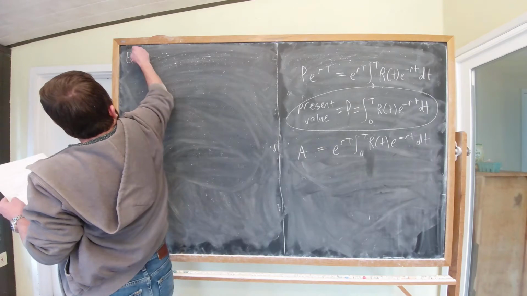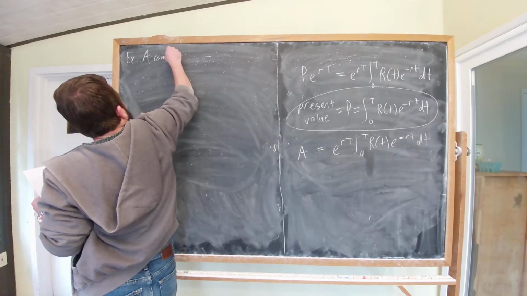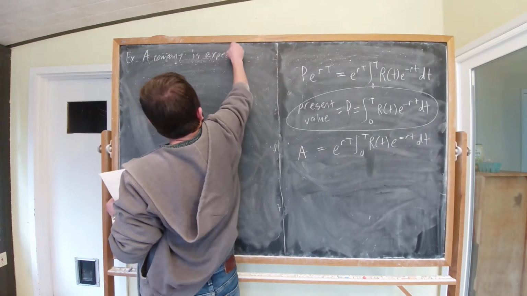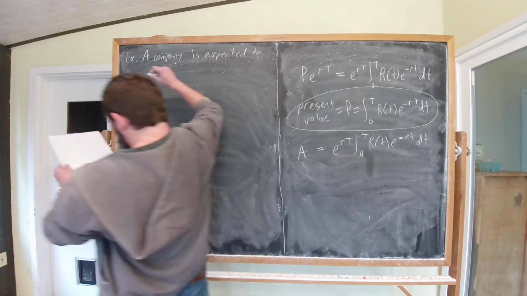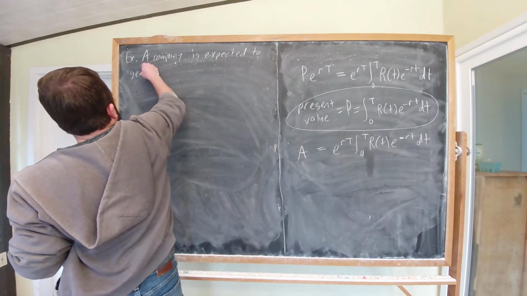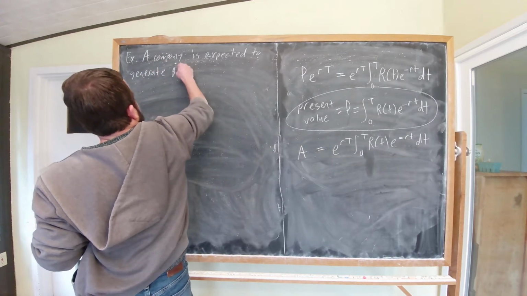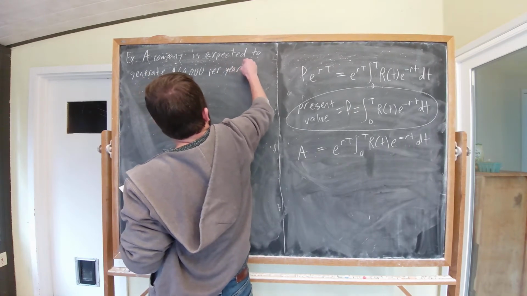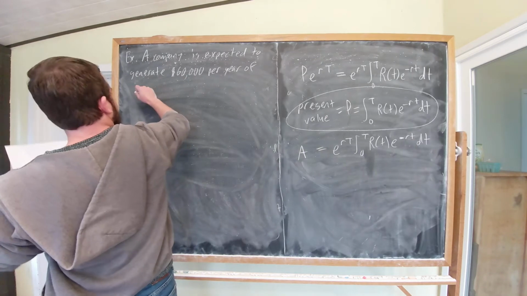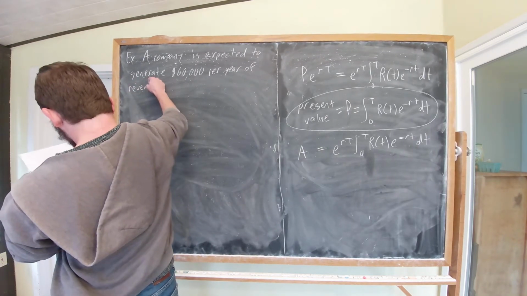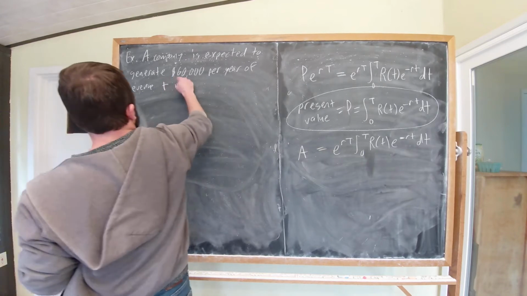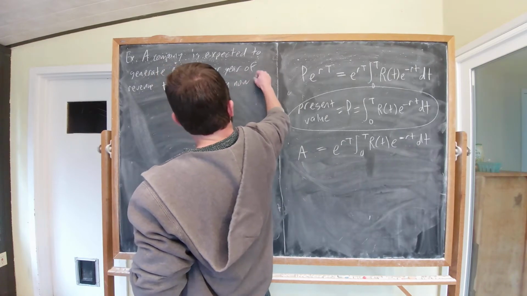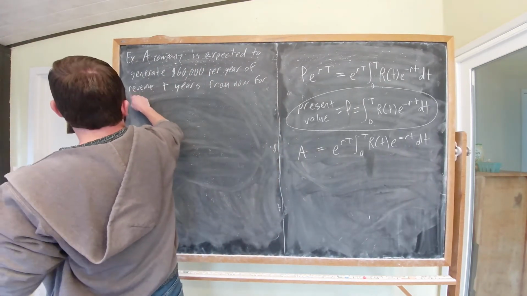Alright. Let's say a company is expected to generate $60,000 per year of revenue, T years from now, for the next 8 years.